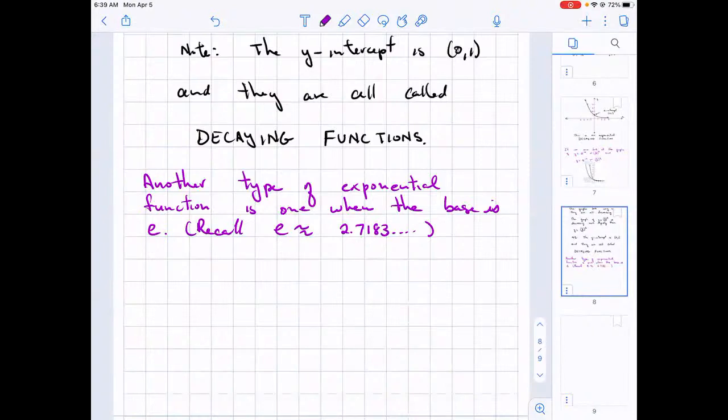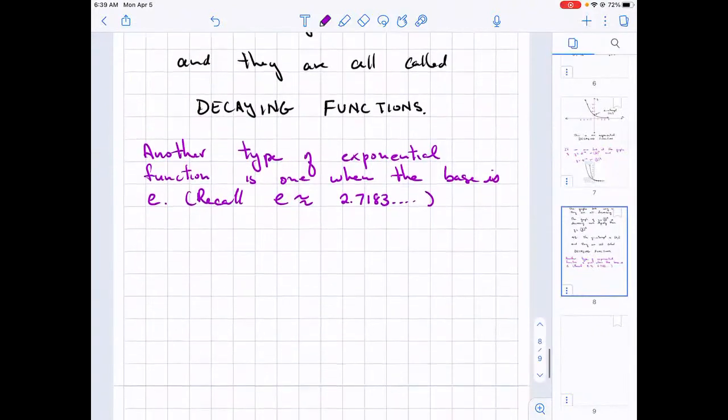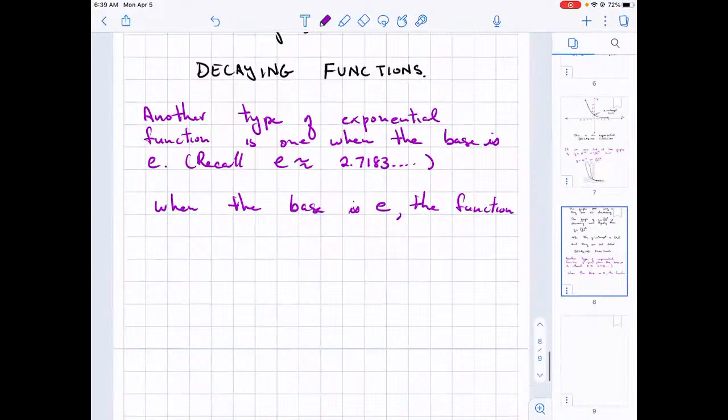And when the base is e, the function is called the natural exponential function.